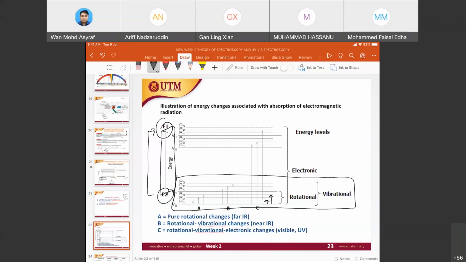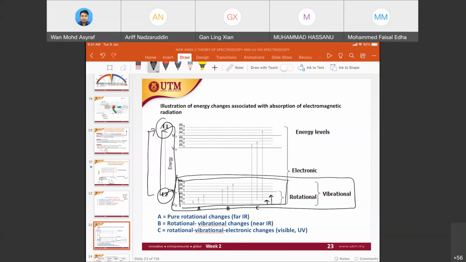For an electronic transition, it needs much more energy as compared to rotational and vibrational transitions, because rotational and vibrational transitions are within one electronic transition. So that jump is not that big. So it does not need a much higher energy level as compared to an electronic transition.